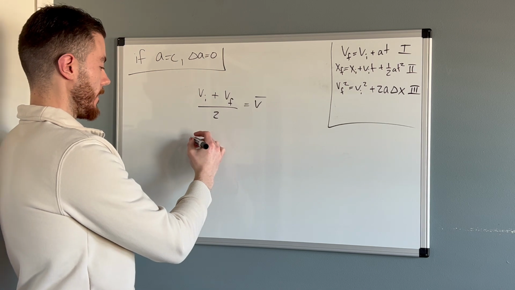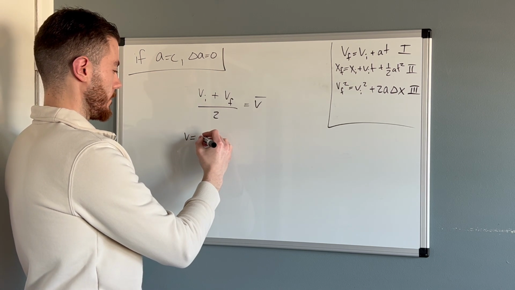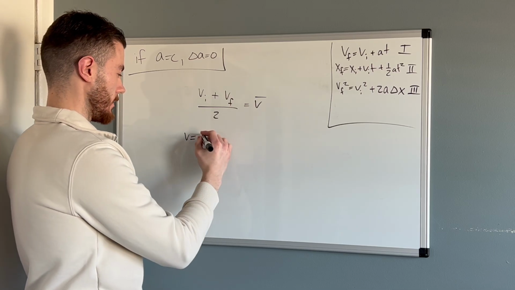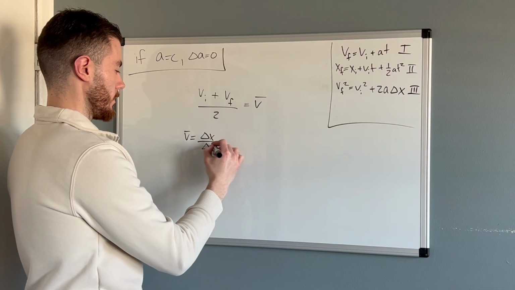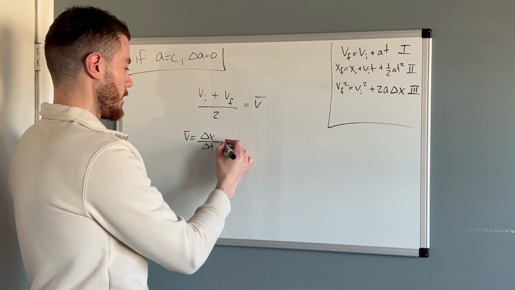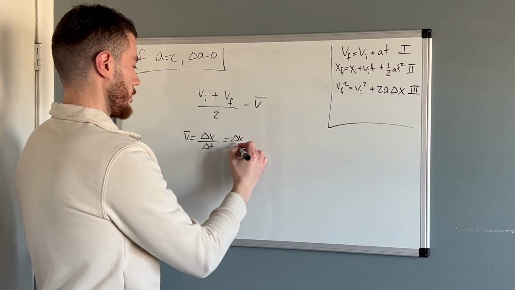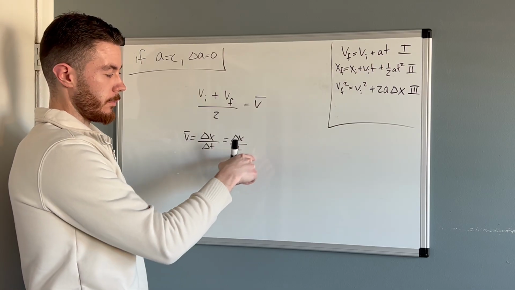It's also a fact that from the definition of velocity, the average velocity is delta x over delta t. If t0 is 0, then this is delta x over t. Multiply the average velocity times time, and we get the displacement.